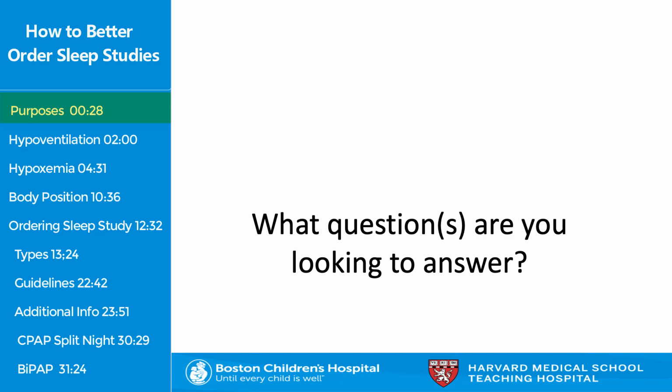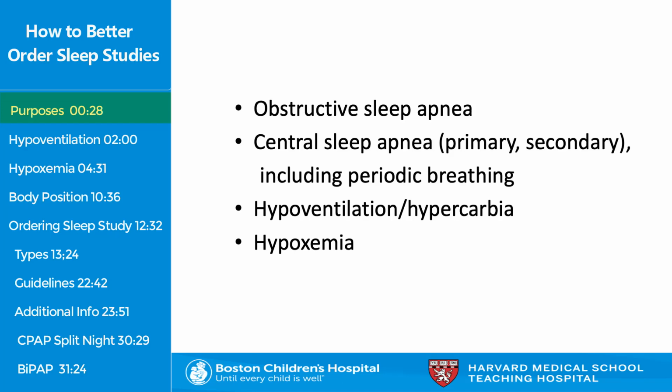And so as you think about ordering a sleep study, it's really important to consider what questions you're looking to answer. Sleep studies can identify various forms of sleep disordered breathing.